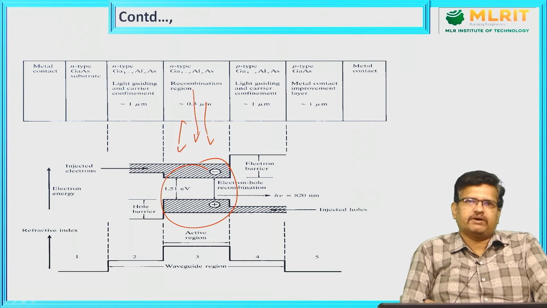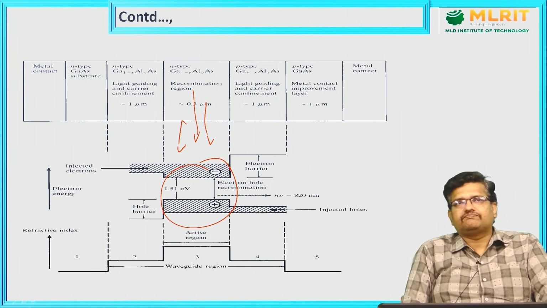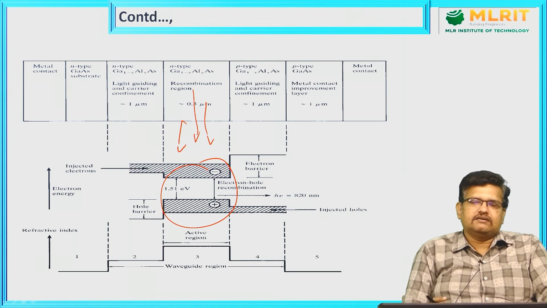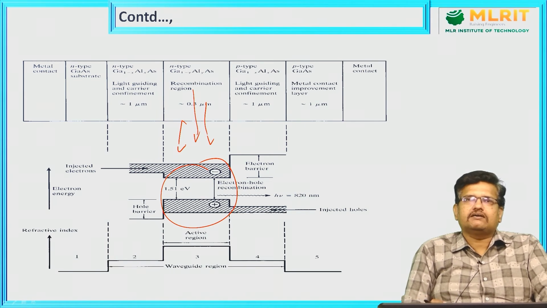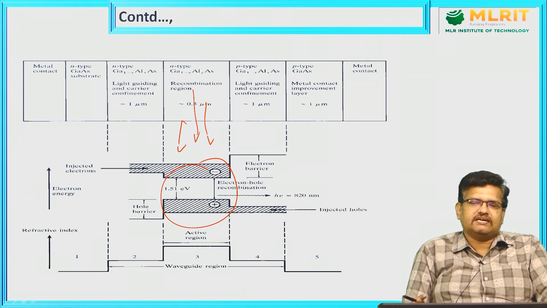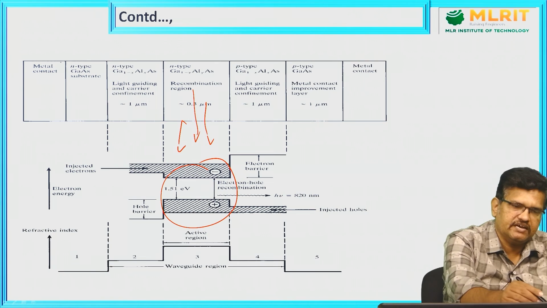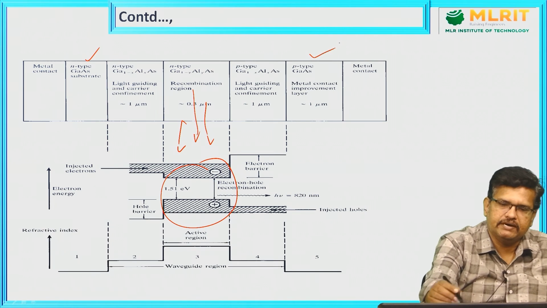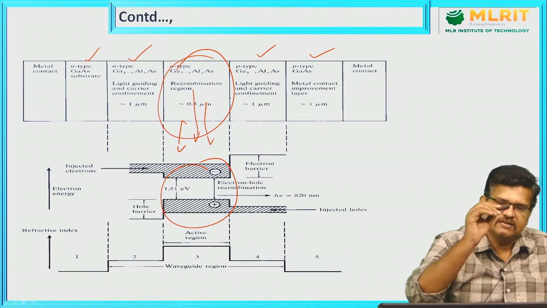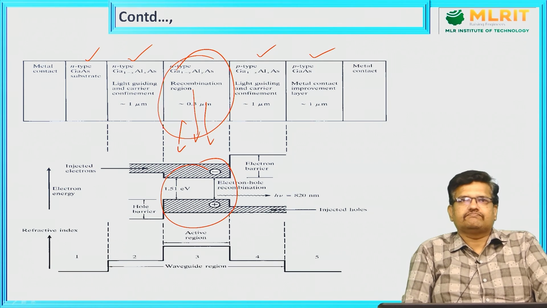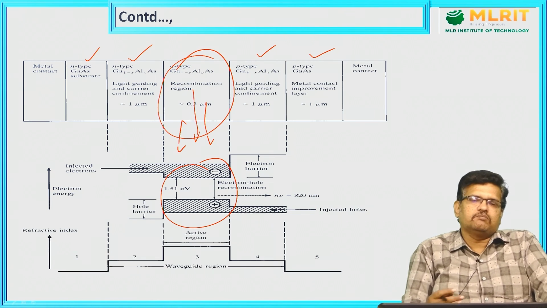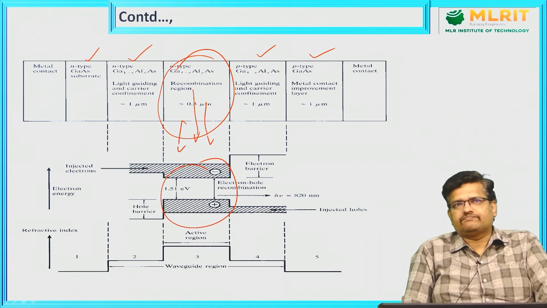It is very important in the band structure. The same as before, with the metal contact on both sides, the N-type and P-type material. Here is the sandwich: N-type, P-type, again N-type, P-type. This is the centralized region, which gives more directional output of light.